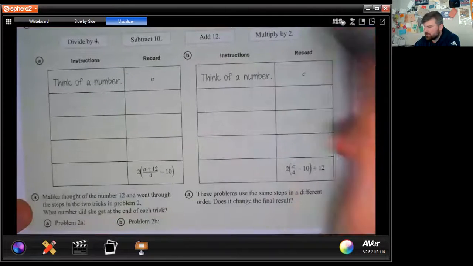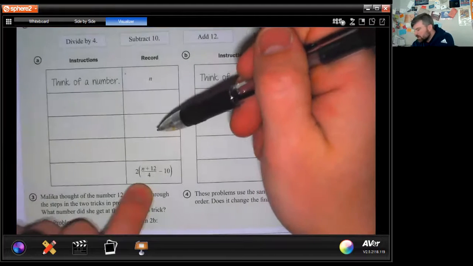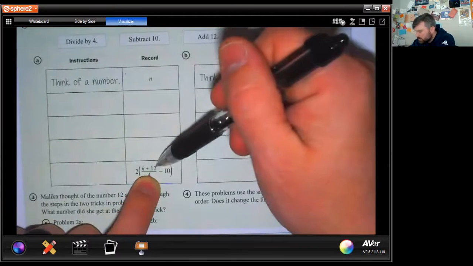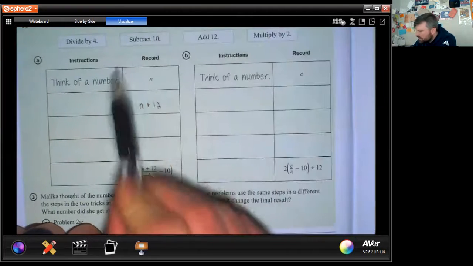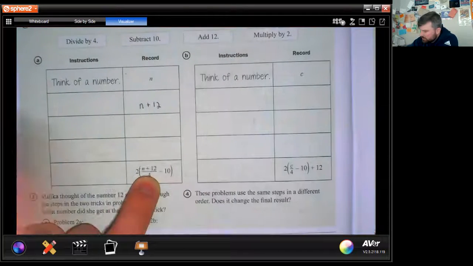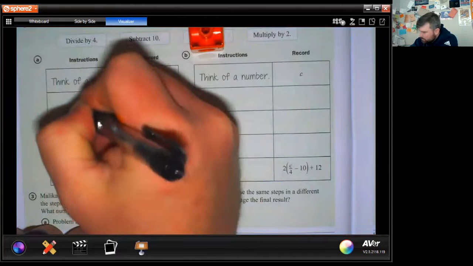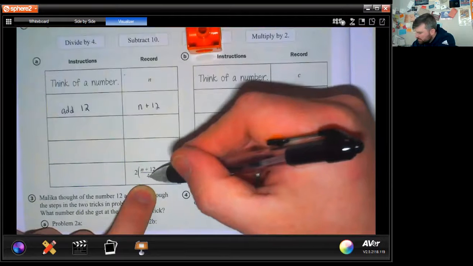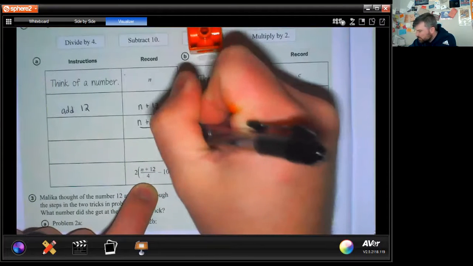So let's see if we can start at the top this time and work our way down. So in here at the end, the first thing you would do is add 12. So n plus 12. Is there an add 12? Add 12 right there. And then after you added the 12, you divide by 4. So n plus 12 divided by 4.